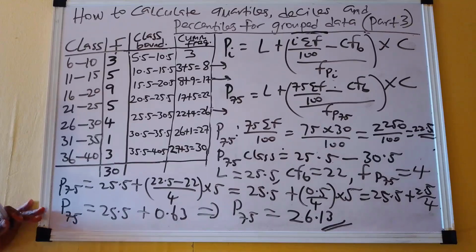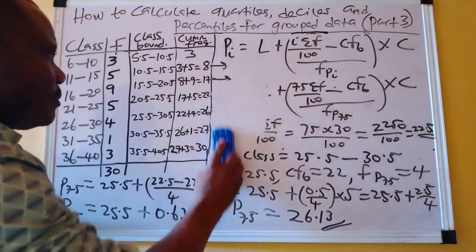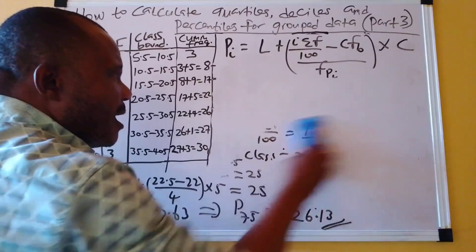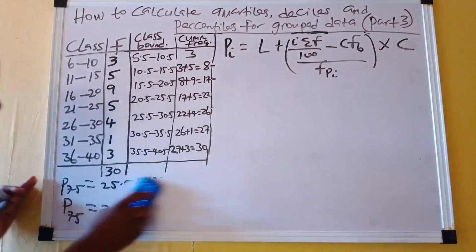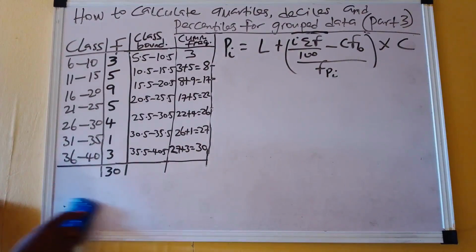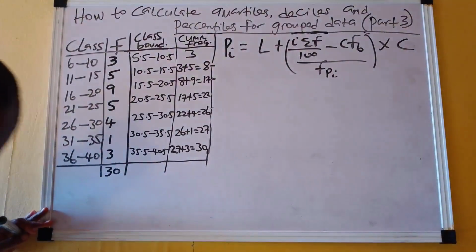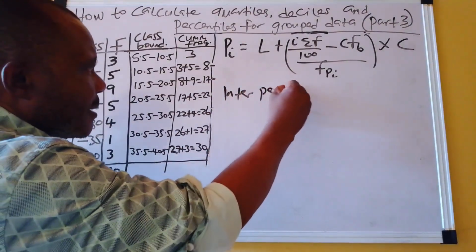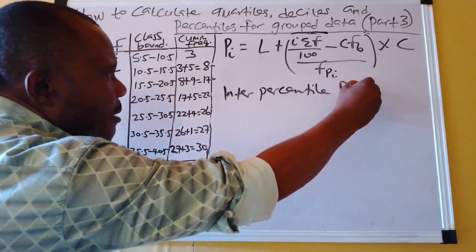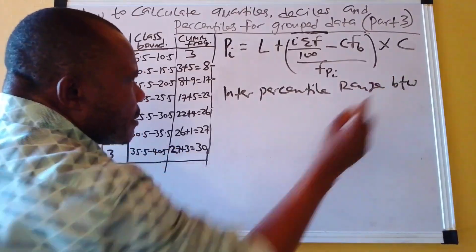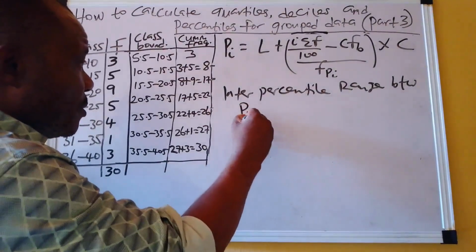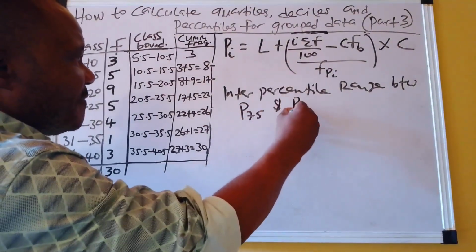Now let us look at what we call the interpercentile range. We will look at the interpercentile range, and we'll also look at the semi-interpercentile range. Let us look at it between P75 and P50.